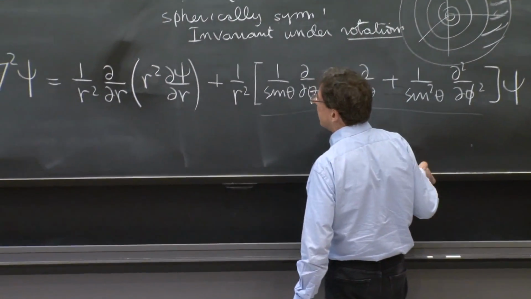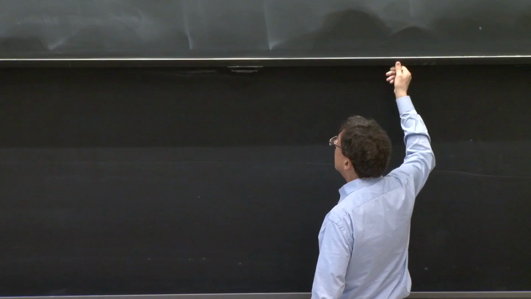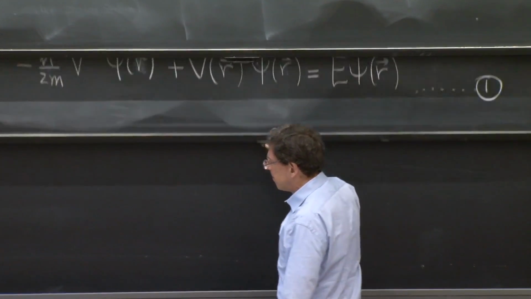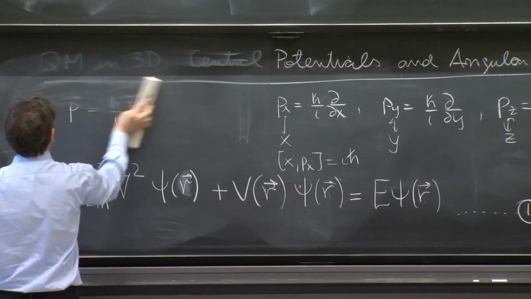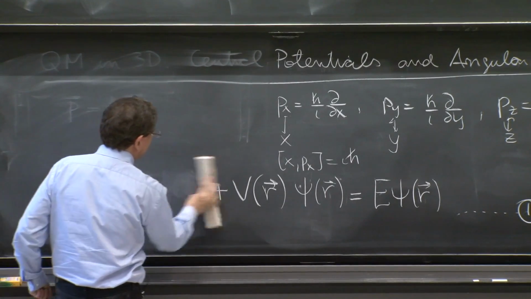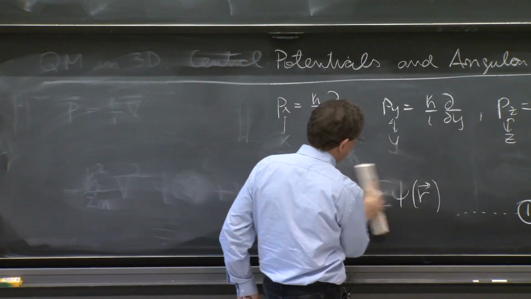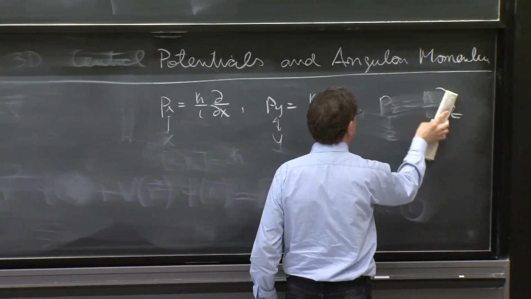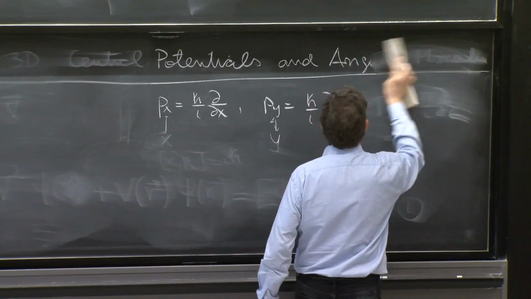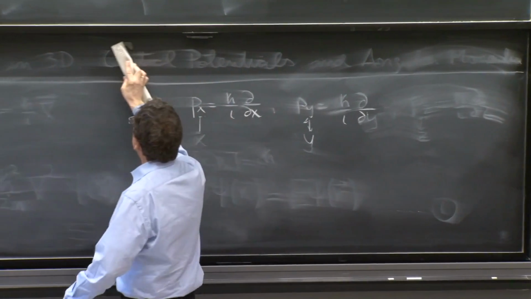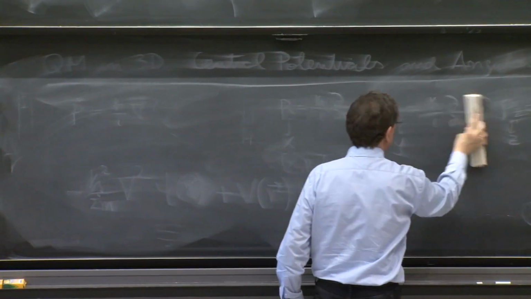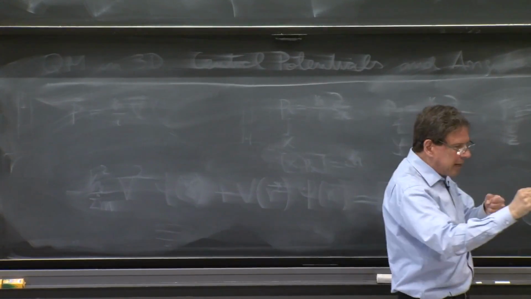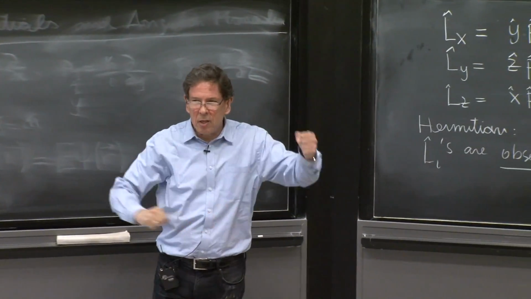And the answer comes from a rather surprising thing. The fact that if you think about what could commute with Lx, Ly, Lz, it should be a rotationally invariant thing, because Lx, Ly, and Lz do rotations.